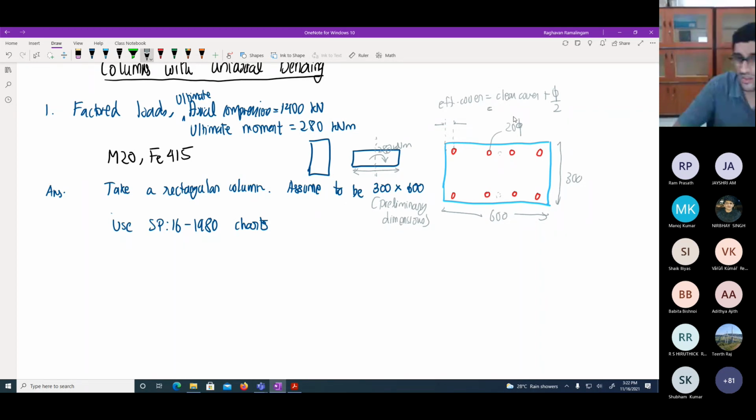Okay. But anyway, I have 600 over here. So let me say that I take even 50 mm clear cover. You just need to take the minimum and then add the diameter by 2, but you're allowed to take slightly larger for more conditions. Anyway, if you have any doubts regarding what size of clear cover you should use for beam, slab, column, foundation, etc., it's specified in IS 456, so you can just read it.